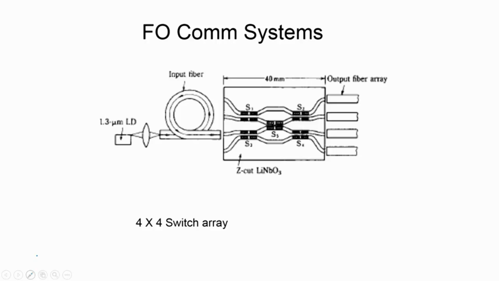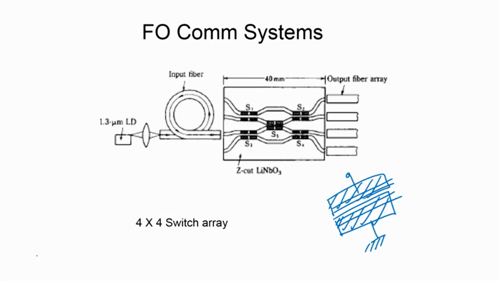A directional coupler switch has 2 waveguides forming a directional coupler, and then you have the electrodes over that. Depending on the voltage that you apply to these electrodes, you can switch the signal from one input port to another output port. We have seen that earlier in the electro-optic effect.